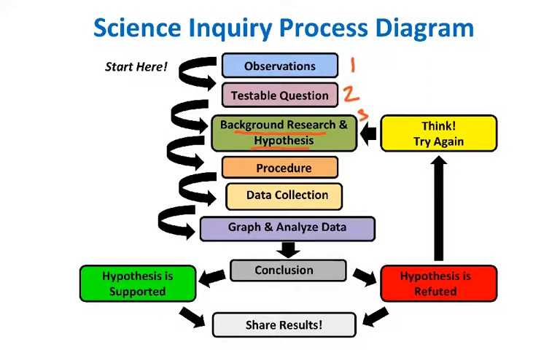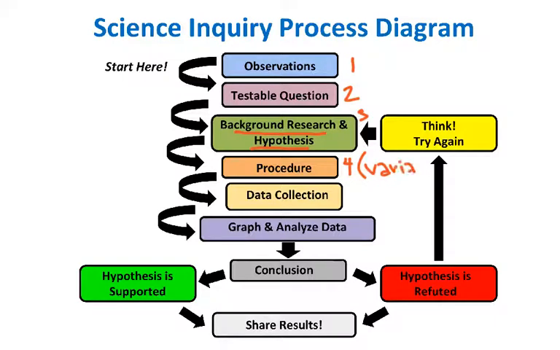Once the scientist has written their hypothesis, then they're going to develop a procedure for how they're going to test their prediction. Okay, so this is step 4, writing a procedure, or a step-by-step plan for how they're going to test their prediction, how they're going to try to answer the question. And this is where variables come in, right?